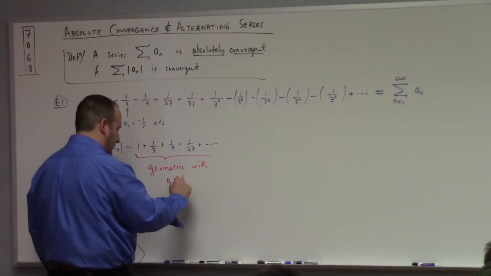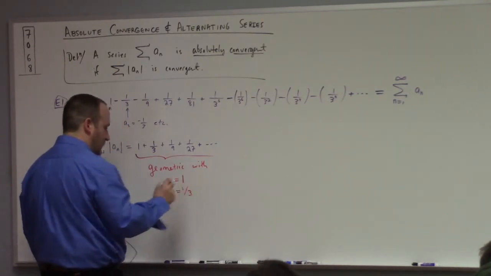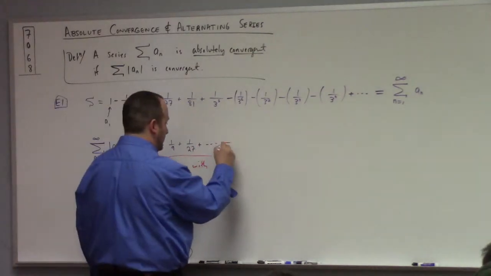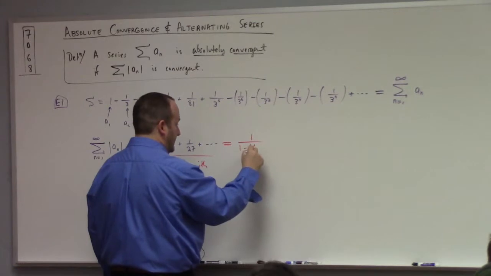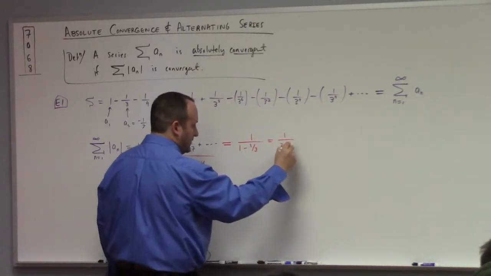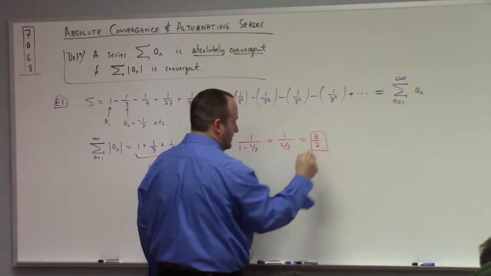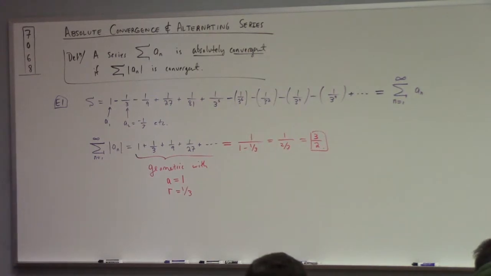A equals 1, r equals 1/3, right? Which is a convergent ratio. And so we know not only that this converges, we can say what it converges to. It converges to 1 over 1 minus a third, otherwise known as 1 over 2/3.